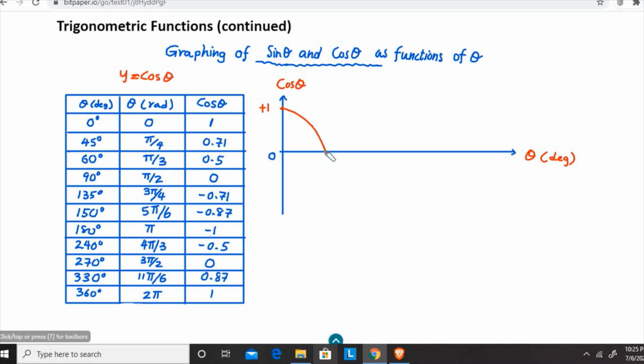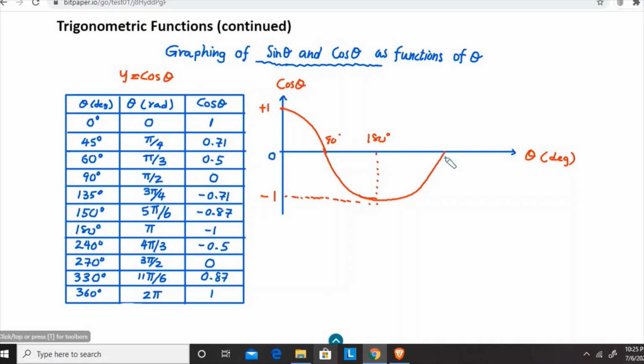And then at 180 degrees, it will reach a maximum value in the opposite direction. So that is like -1. And then, so here 90 degrees. Over here, it will be 180 degrees. And then it's gonna go like this.